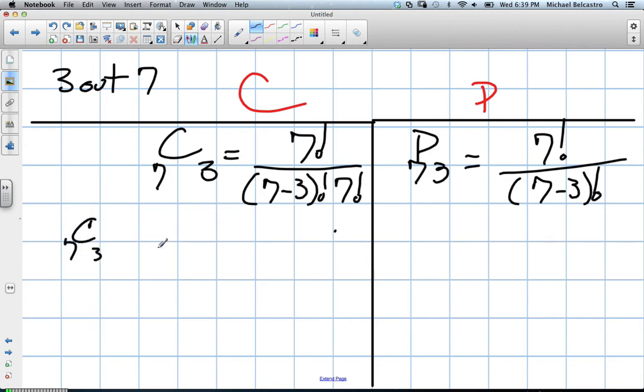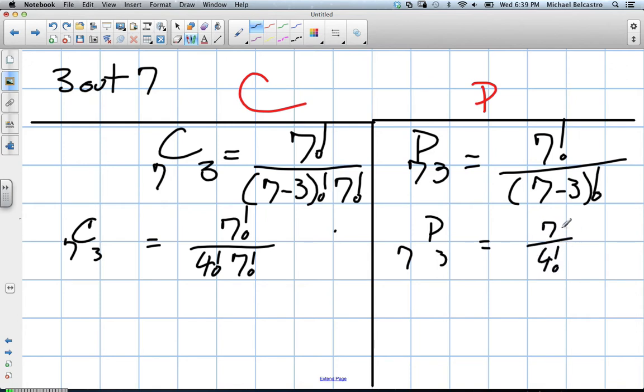Combination of 7 and 3 is equal to 7 factorial over 4 factorial times 7 factorial. You okay with that? Yep. And the permutation is 7 factorial over 4 factorial.